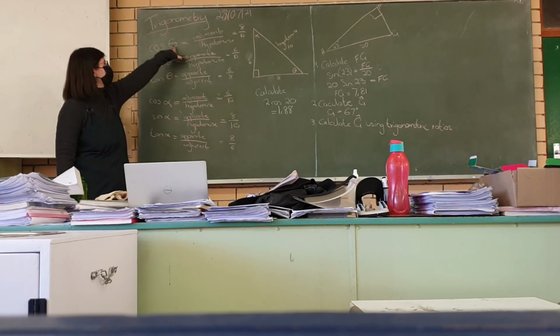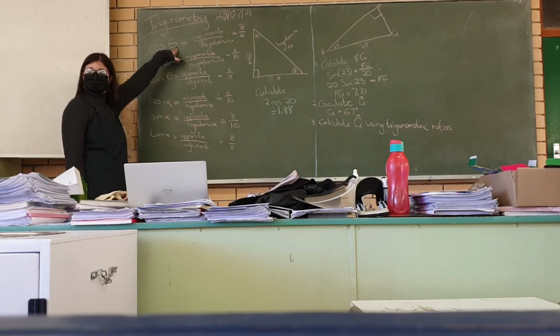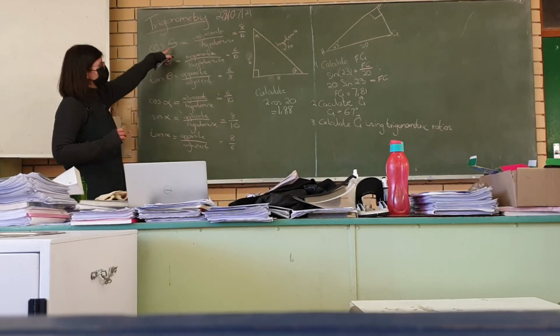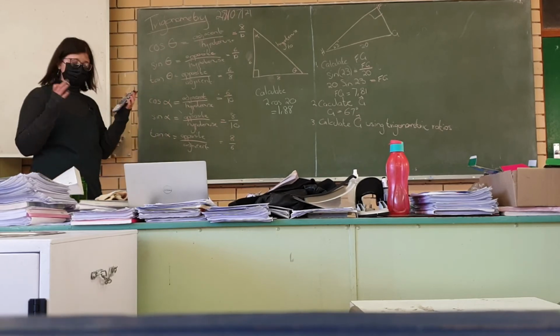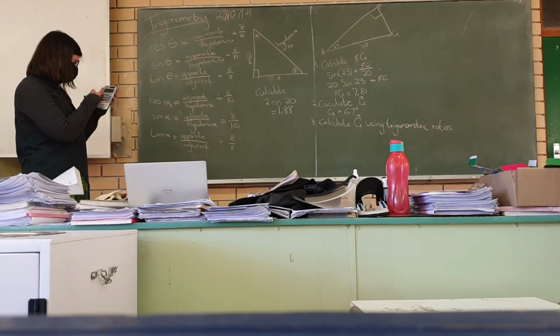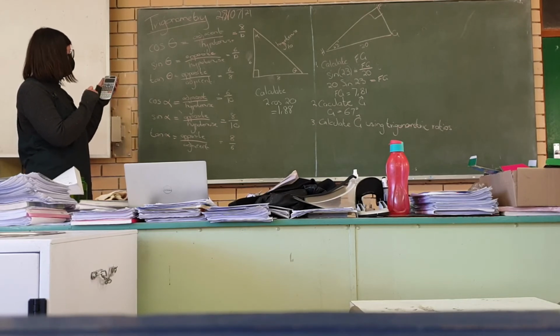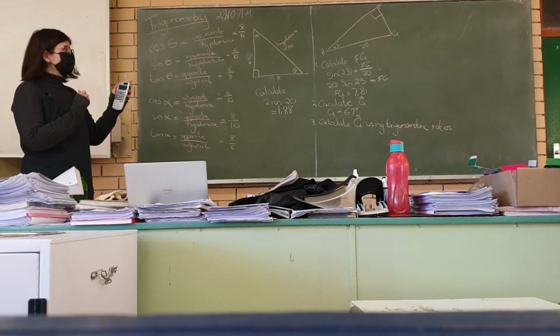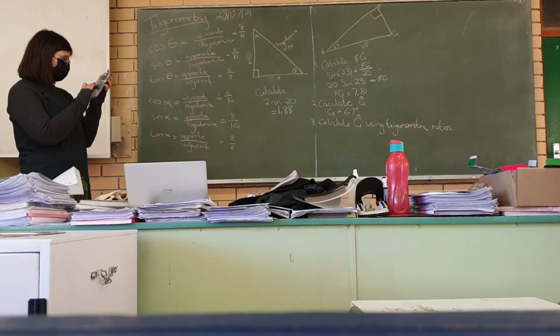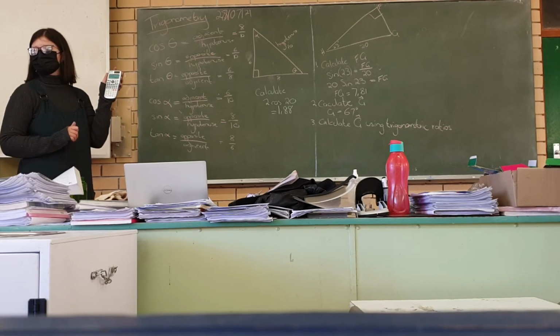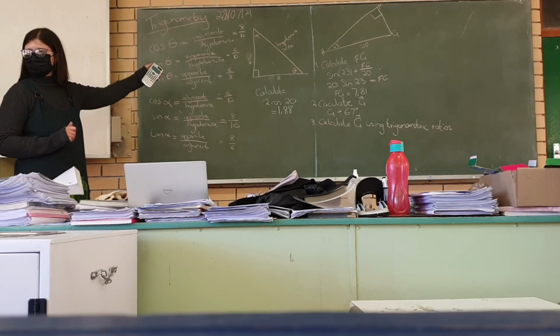I know there's no theta on your calculator. When they say calculate the angle theta, I go to my calculator, press shift, cos, and it gives me cos⁻¹. I say 8 over 10 equals 36,86. That is the degree size of theta.